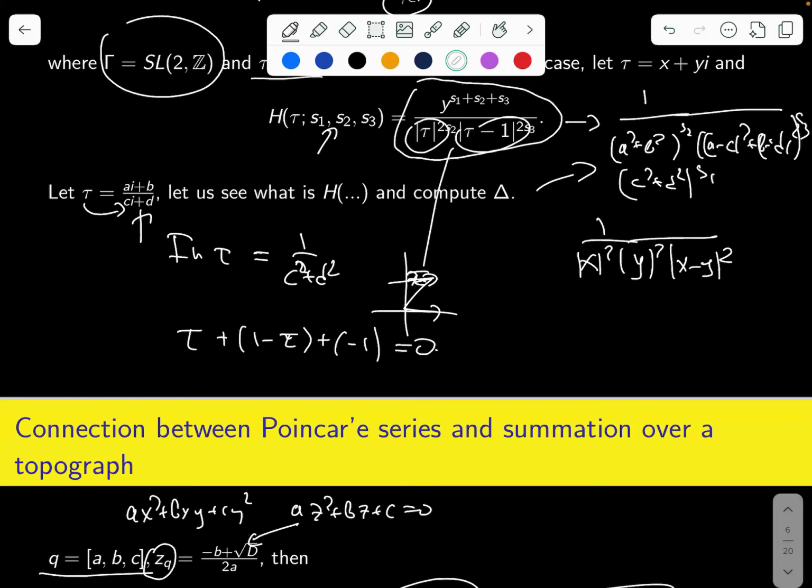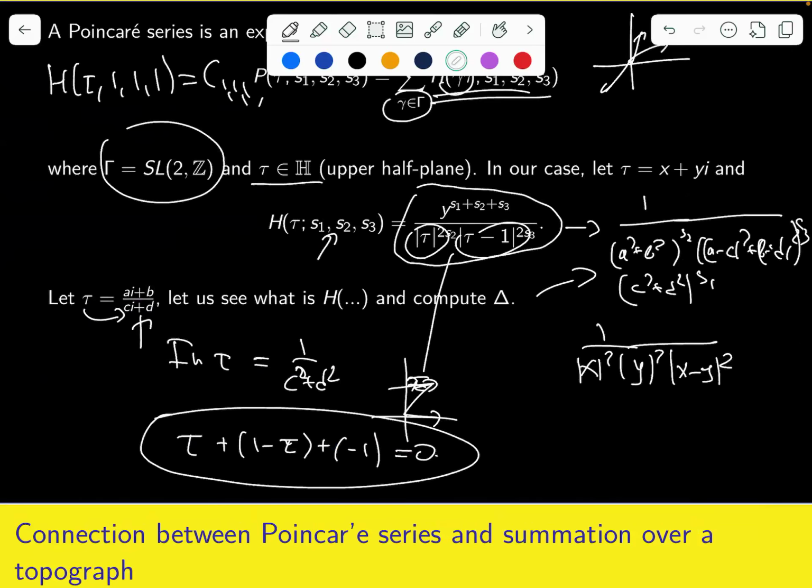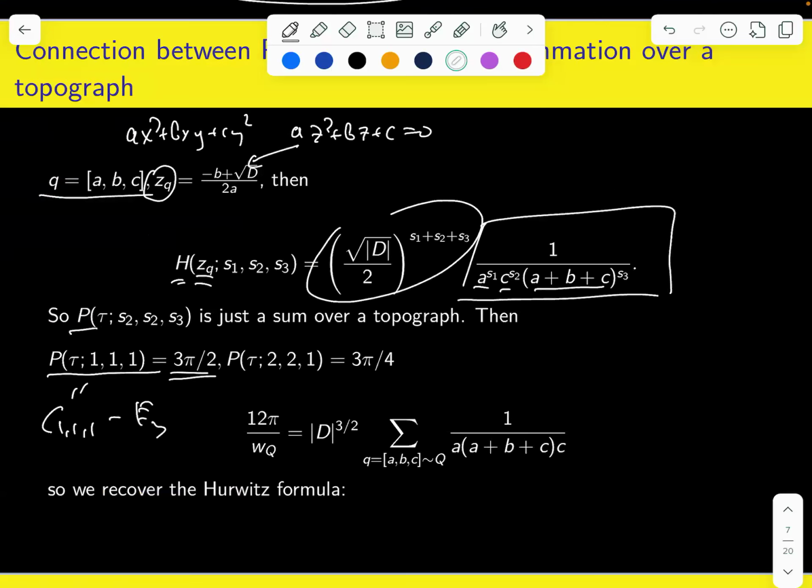So here for tau, they are all not collinear. So it's a constant, but from the other point of view, it's just the sum over all a plus b plus c, when I take a sum over all possible quadratic forms equivalent to the given form Q.